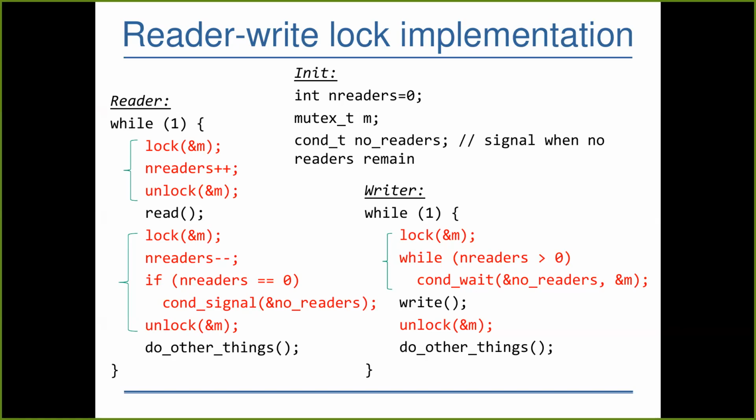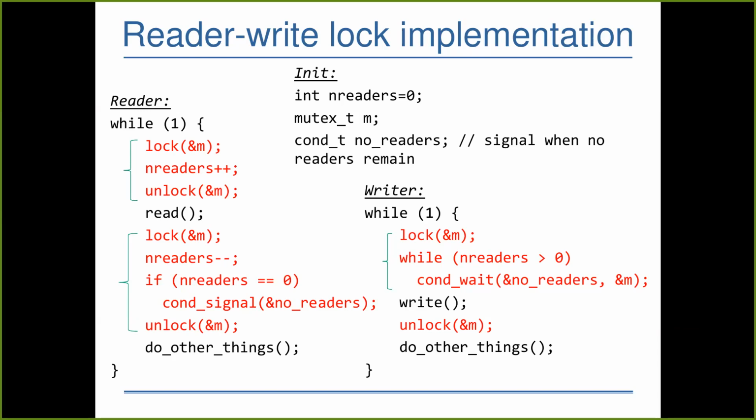Assume that read is much larger than incrementing or decrementing something. We assume that this is a really small critical section compared to the read critical section. So then after this, what are we going to do? You're going to grab this mutex again and decrement n readers, so you'll say that I have one less reader now.